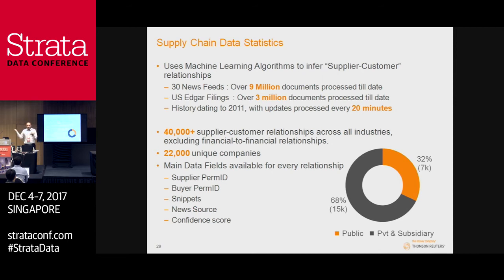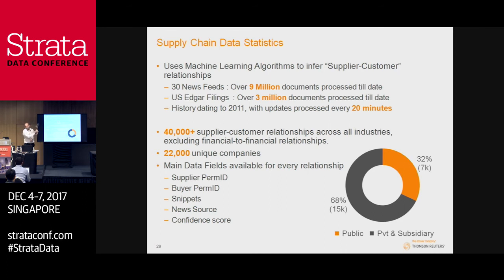What we do is we run this machine learning algorithm through news, filings, and many other articles. What this algorithm does is it figures out whether there is a buyer-supplier relationship in this piece of article. So this is what we have done. There are other competing vendors outside who actually do process this kind of information, but they do it in a manual way.